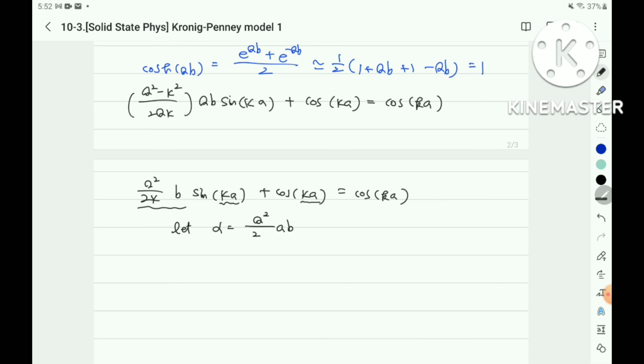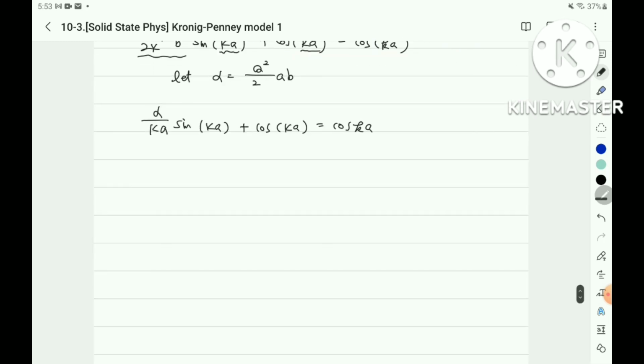Then it can be written as alpha over Ka, times sin Ka, plus cos Ka, equal to cos small ka.